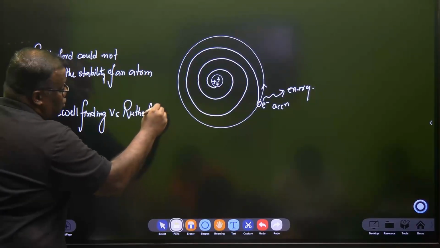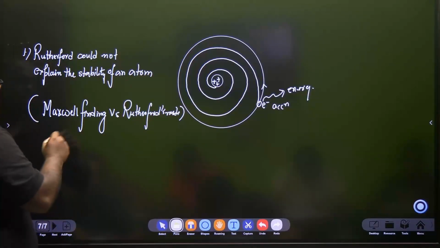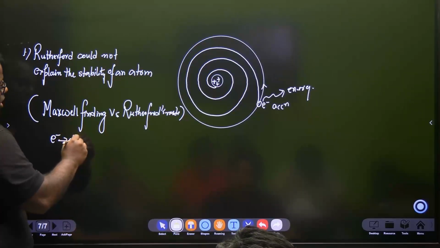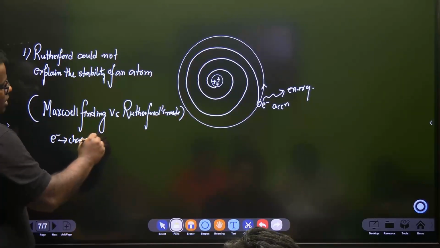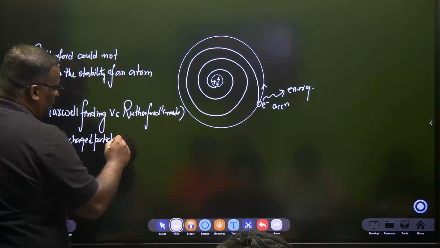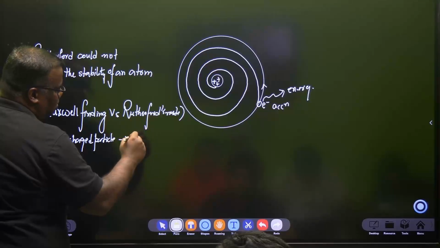I won't write it. I hope you have understood Rutherford's model. I'll just give you the outline of the story. Electron, charged particle.